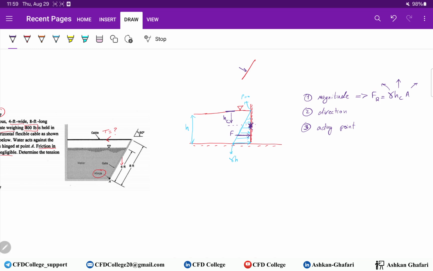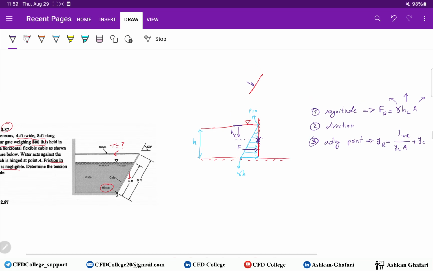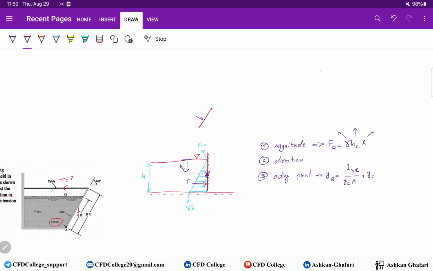And the acting point: you should find it as y_R equals I_xc over y_C times A, plus y_C. Imagine this gate inclined. Here is the ground, and here is the water surface. You should first locate the y axis.